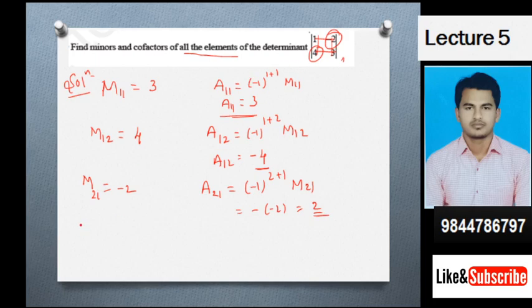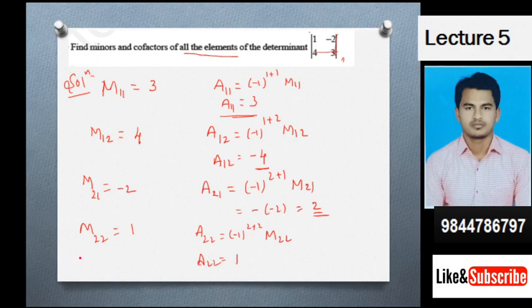Later, M22 is eliminating second row and second column. The answer is 1. A22 is minus 1 to the power of 2 plus 2, that is plus. M22 means 1, so the cofactor of A22 is 1.